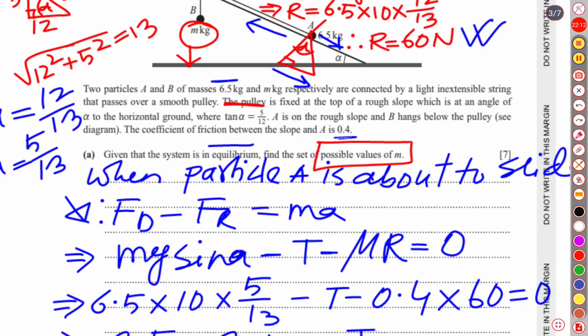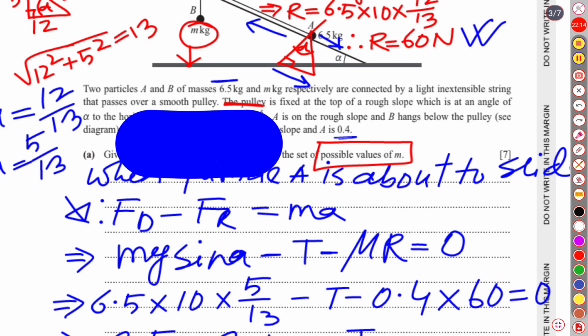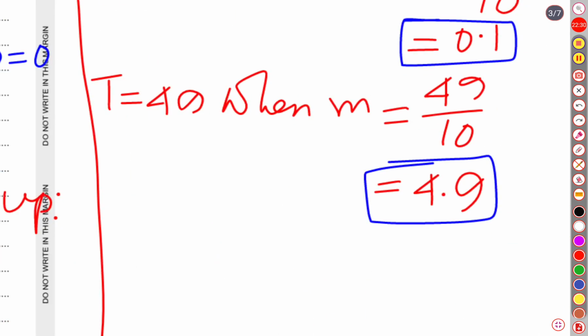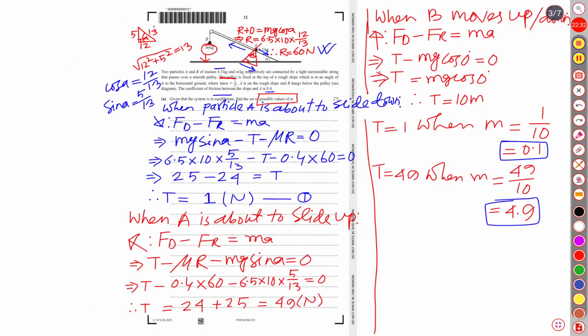As the system is supposed to be in equilibrium, the mass of particle B will be between 0.1 and 4.9. So how should we write this?